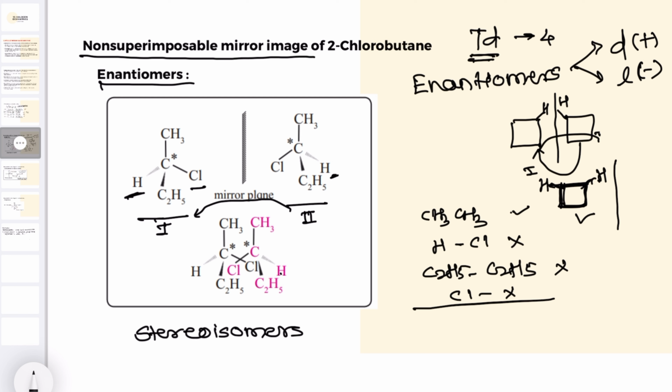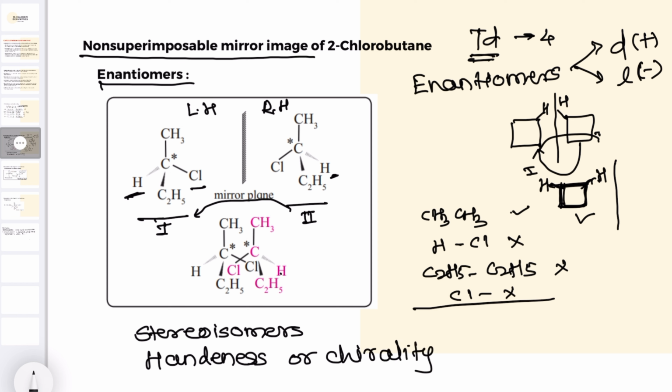The relationship between a chiral molecule and its mirror image is similar to the relationship between the left hand and the right hand. This concept is known as handedness, or chirality, because mirror images are considered as one right-handed and the other left-handed.